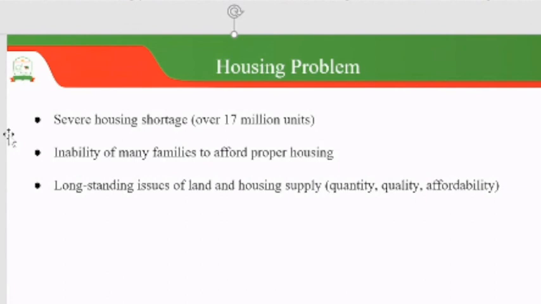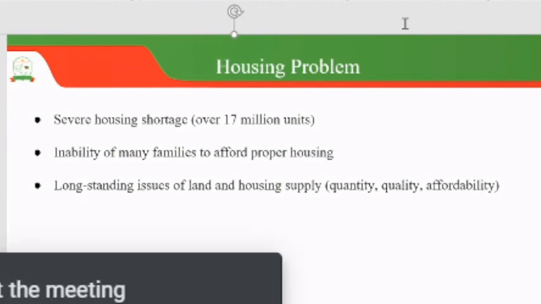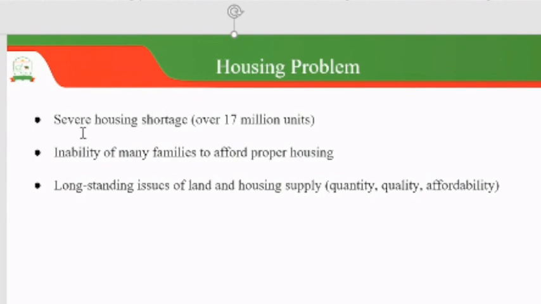But you'll also see that in your community, you will have houses that are being occupied by people twice the number that is supposed to occupy them. So that is what we refer to as the housing problem.